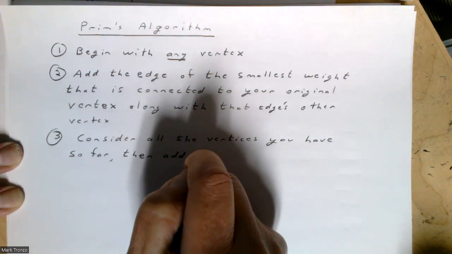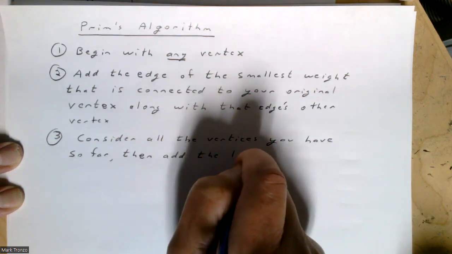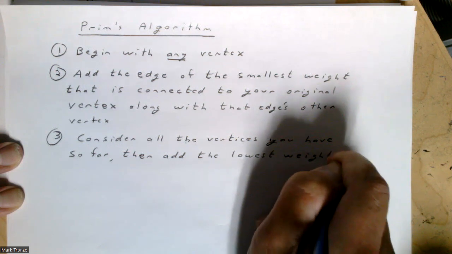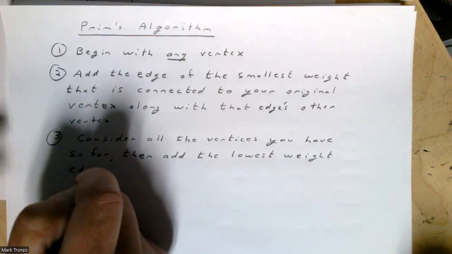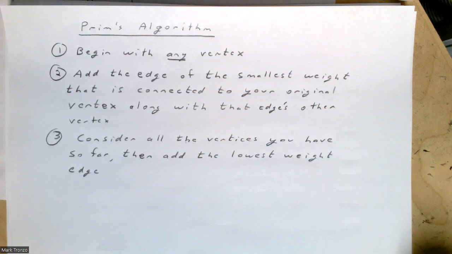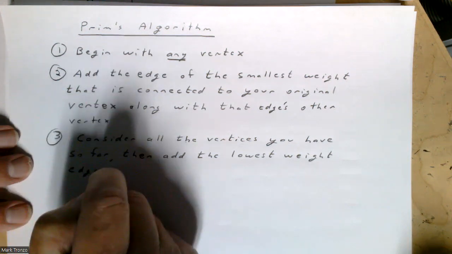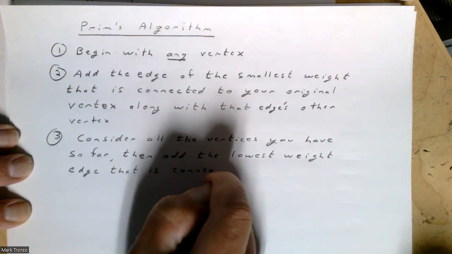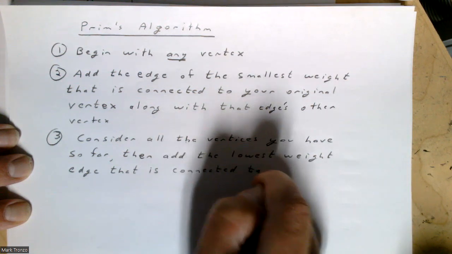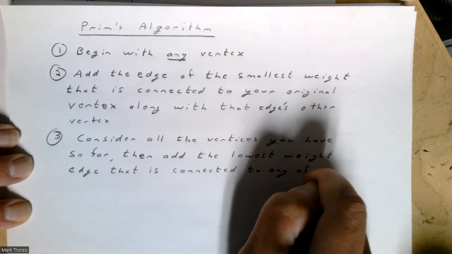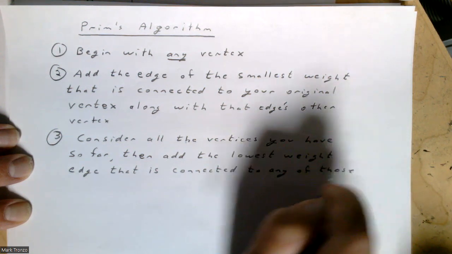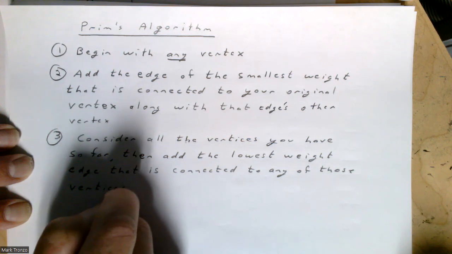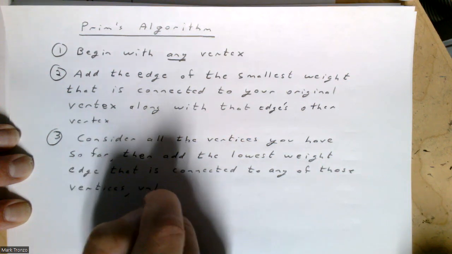Then add the lowest weight edge that is connected to any of those vertices, unless it creates a circuit.